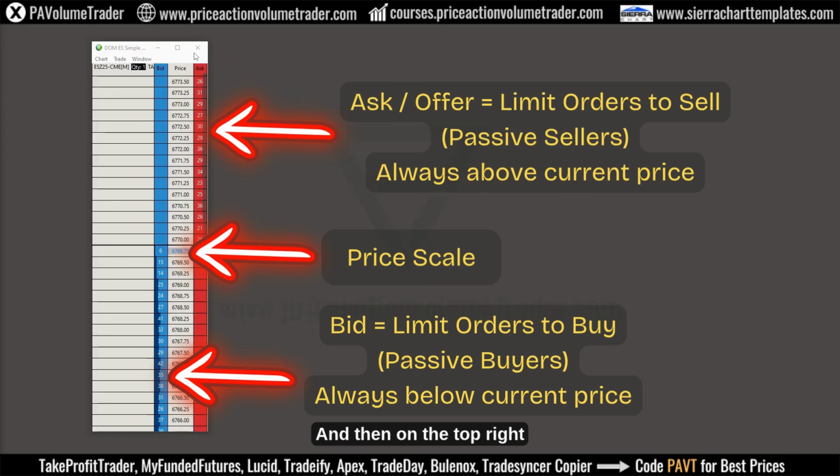And then on the top right side, we're going to have the ask, also known as the offer. This is going to be the passive market sellers. These are limit orders waiting to be filled to get short or to sell.